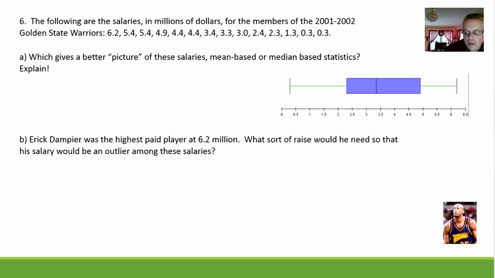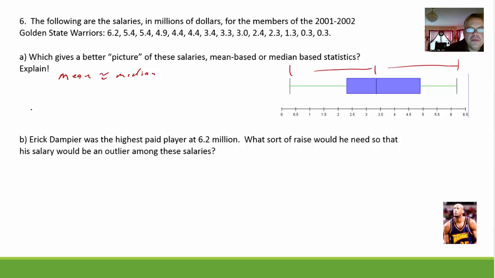Well, first off, I'll give you the book's answer. The book says either one because the median and the mean are about the same. So if you enter those in the calculator, you find that the mean and median are almost equal. So the book said, well, it doesn't matter. Usually in the AP stats, though, if the data is fairly symmetrical, you see it's not perfectly symmetrical, but from here to here, that distance, about the same as that distance.